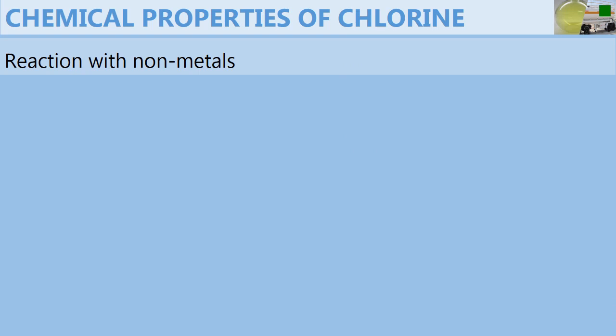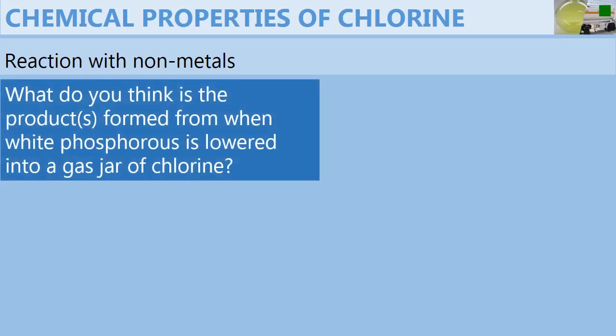After the discussion of the reaction with metals, we go on to the reaction with non-metals. Again, what do you think is the product or products formed when white phosphorus is lowered into a gas jar full of chlorine? Now, phosphorus and chlorine react very vigorously, and it does not even require any heating.